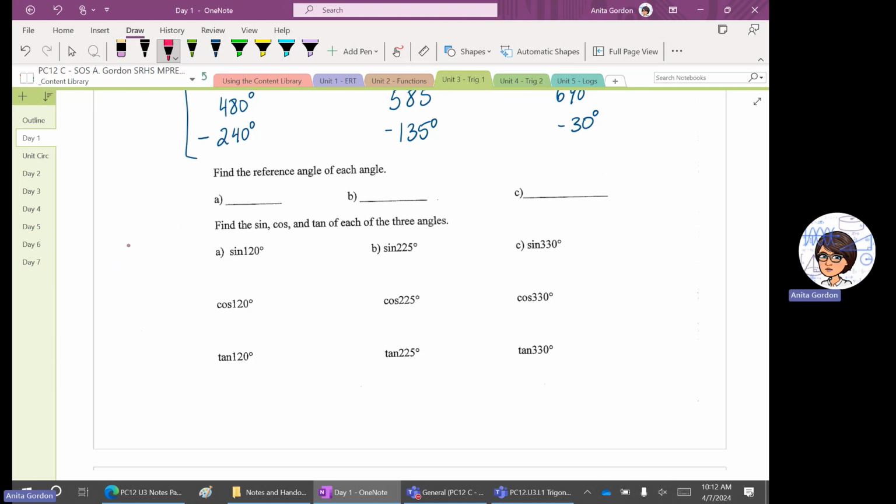Where is 120? 120 degrees is going to be somewhere here, which means my reference angle is 60. So the reference angle is 60 degrees here.